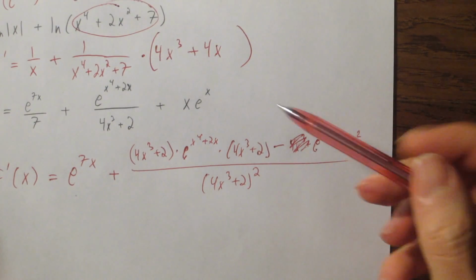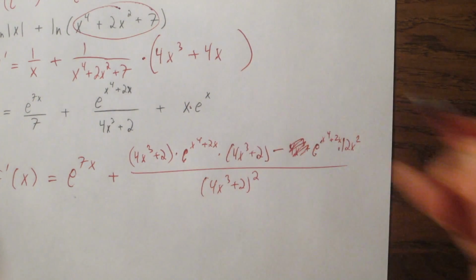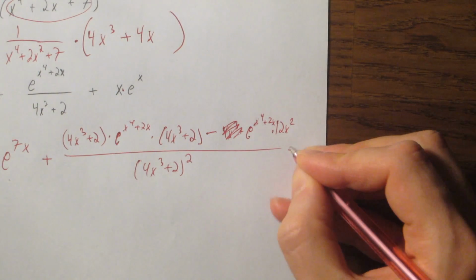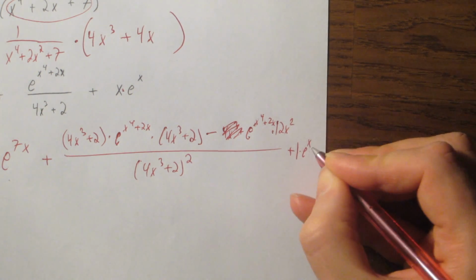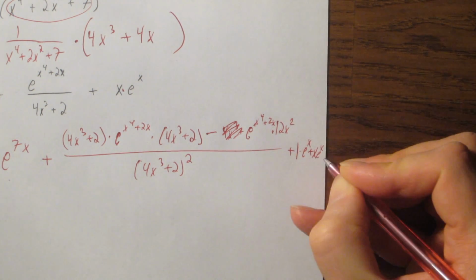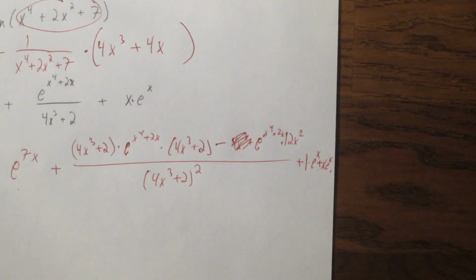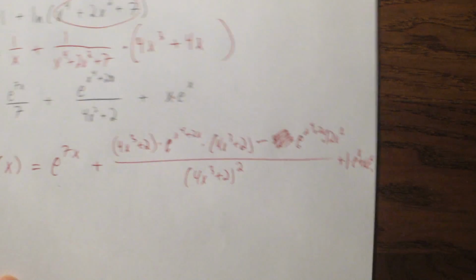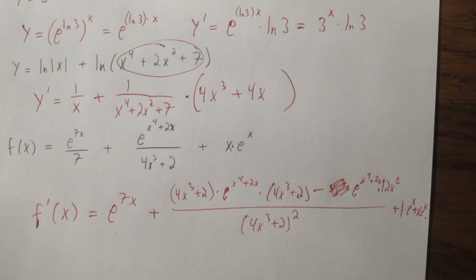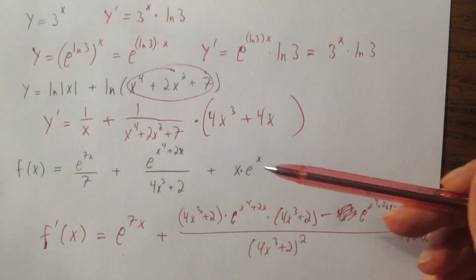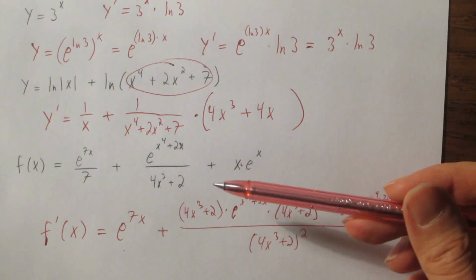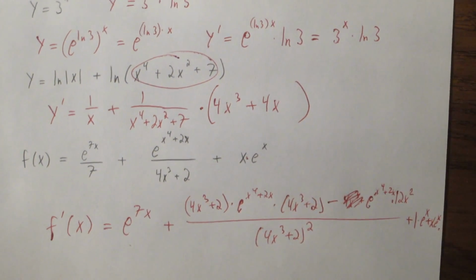And then similarly with x times e to the power x, there is a multiplication sign, so you need to use the product rule to find the derivative. So constants on their own differentiate to 0, constants not on their own hang around, and otherwise be careful.